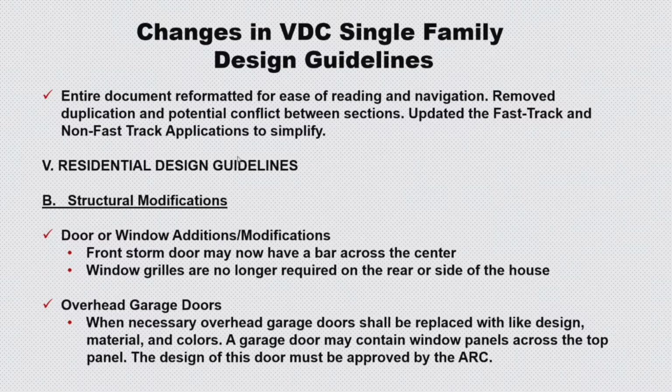Overhead garage doors. When necessary, overhead garage doors shall be replaced with light design material and colors. The garage door may contain window panels across the top panel. The design of this door must be approved by the ERC, but we're going to allow windows in the overhead doors.